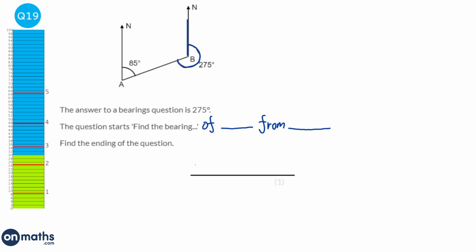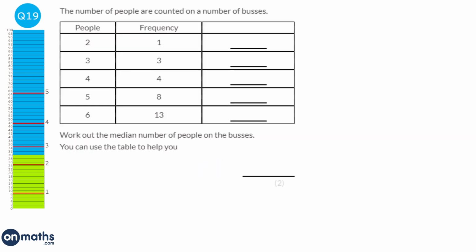So we currently are at B, and we're looking at the angle of A. So the question would be: find the bearing of A from B.